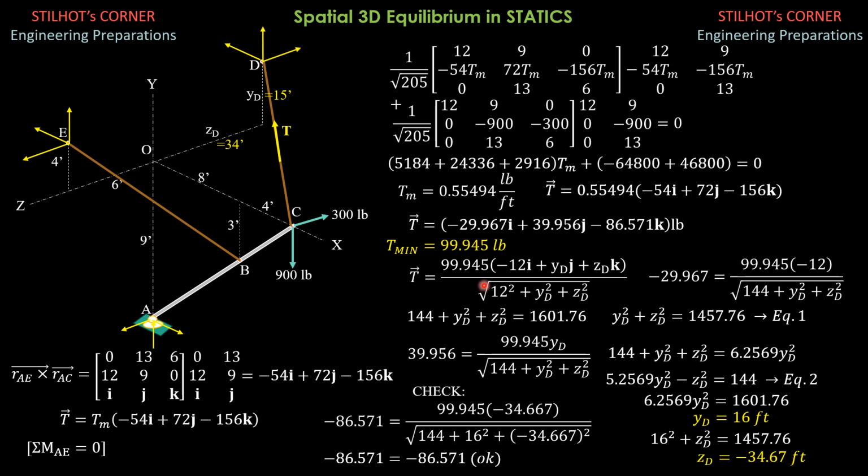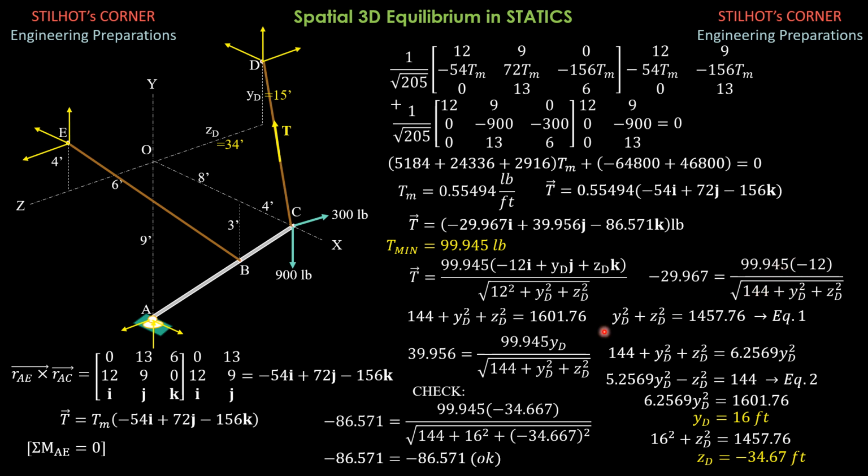Then the X component of tension is negative 29.967. We equate that to the X component of this tension also in vector form, which is 99.945 times negative 12 over this distance here. So 99.945 times negative 12 divided by negative 29.967, then square it.